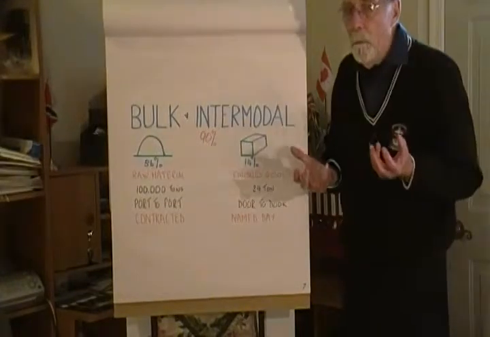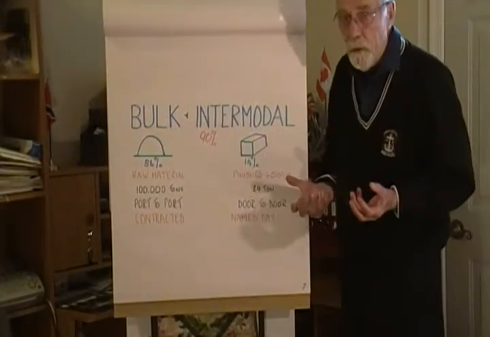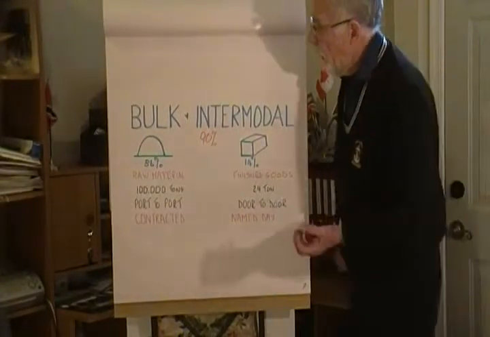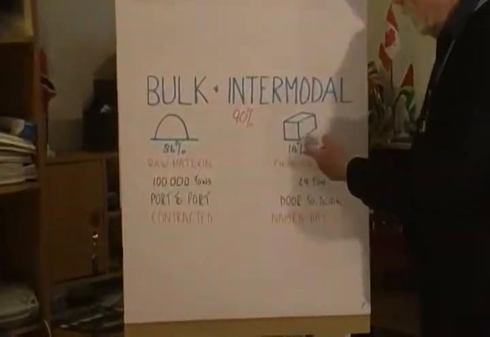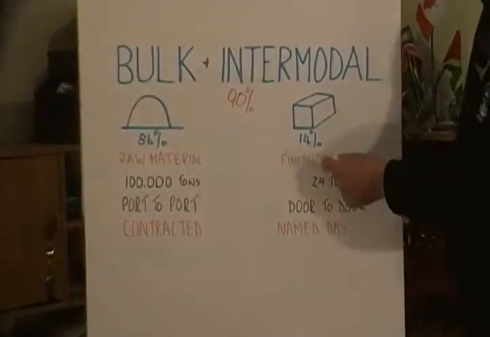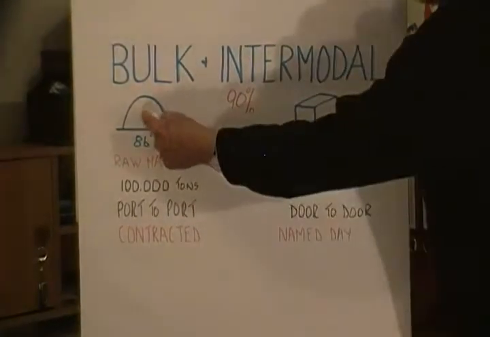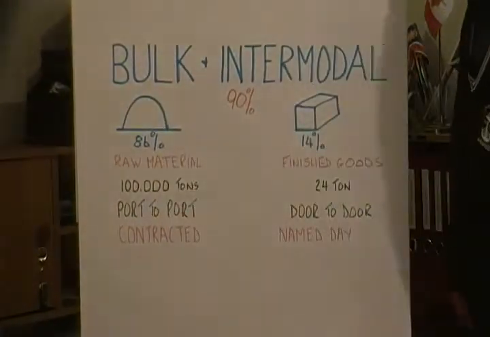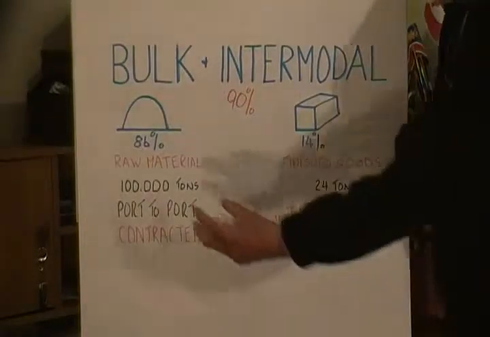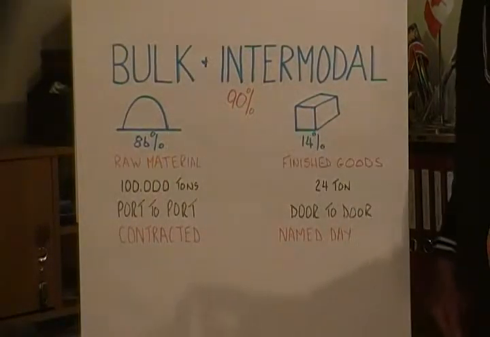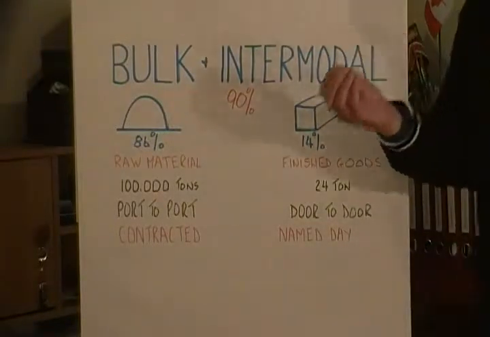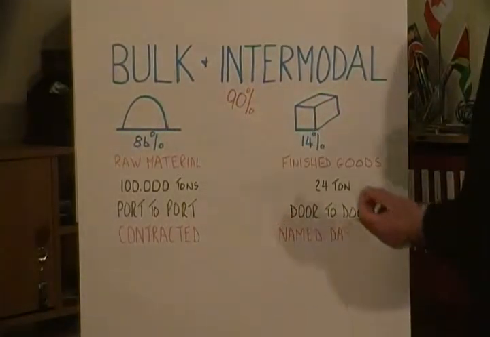Now there are two major types of transport that we said earlier on. 86% is bulk cargo and 14% is containers. That's mostly finished goods. The bulk cargo is mostly raw material. It moves in amounts up to 100,000 tons at a time from port to port.